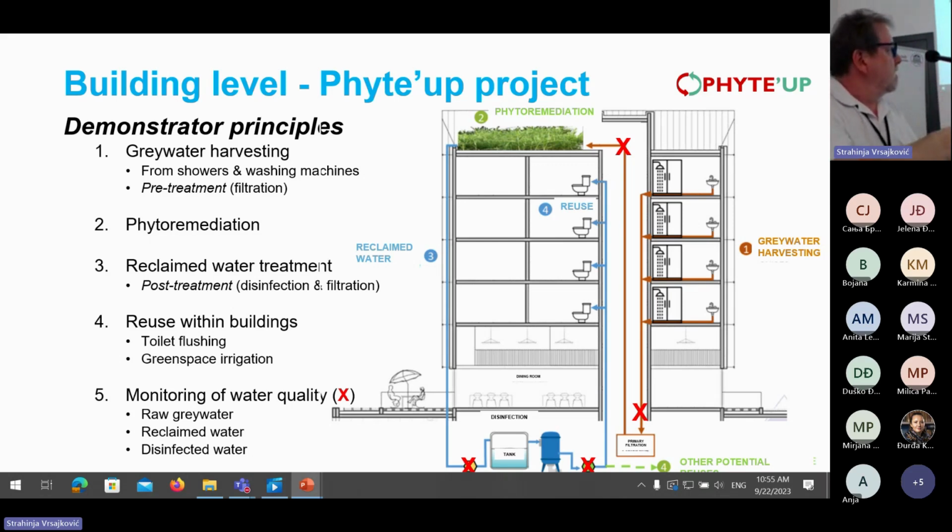Then from this, you pump the grey water up to the phytoremediation devices, where water is reclaimed, then you end up with reclaimed water, and there is the need for post-treatment, which consists of filtration and disinfection.